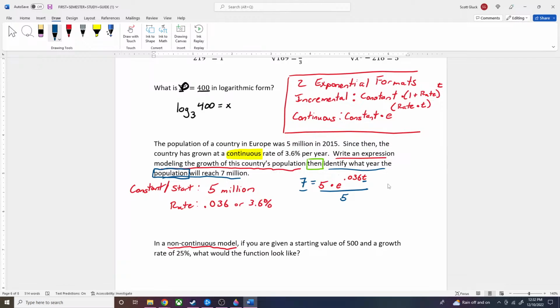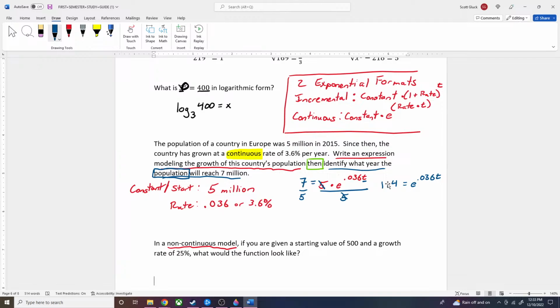The only number we can do anything with on this right side of the equation is 5. So we divide both sides by 5, it cancels that out on the right and leaves you with 7 over 5 on the left. Or, I'm going to convert this to a decimal because I like decimals. 1.4 equals e to the 0.036t power.